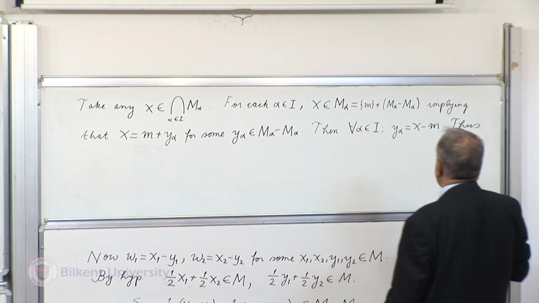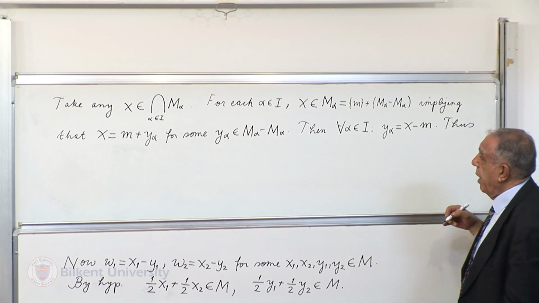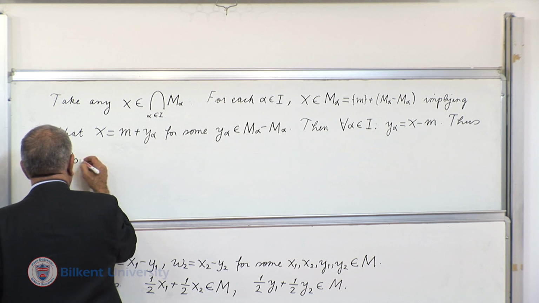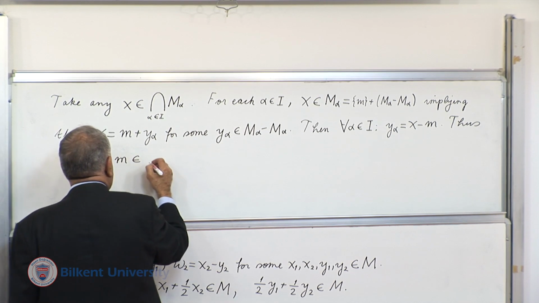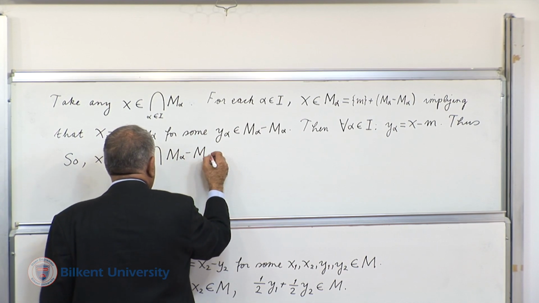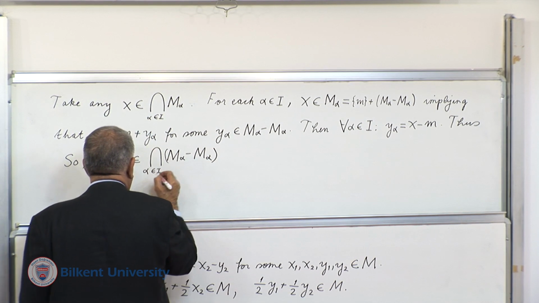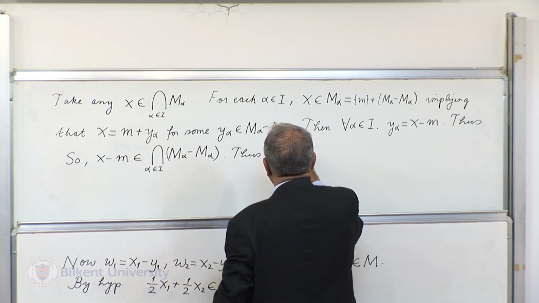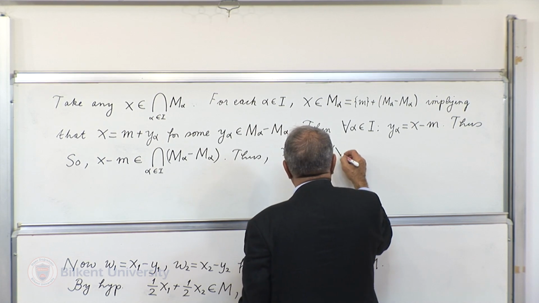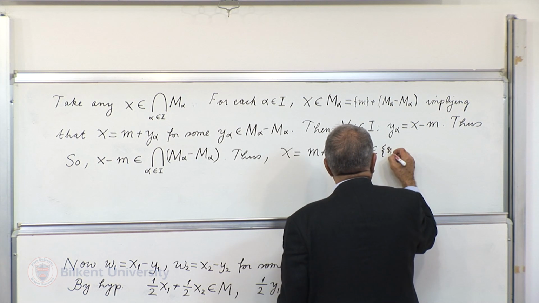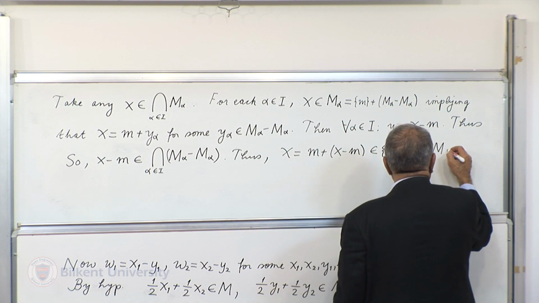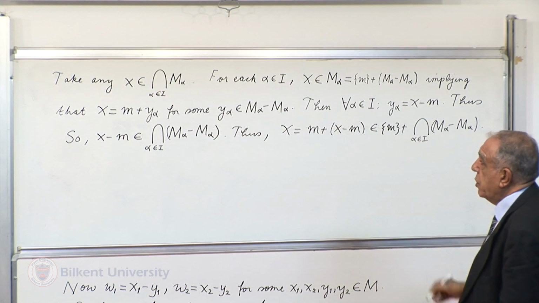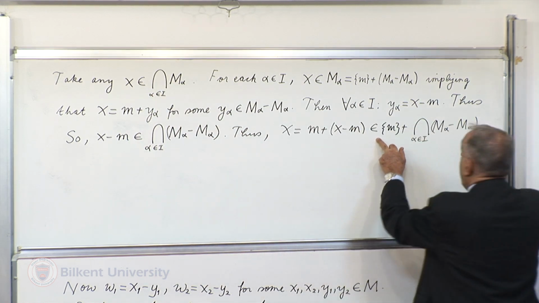Thus, x minus m actually belongs to the intersection of all these, that is, the intersection of m alpha minus m alphas, alpha in I. Now x was an arbitrary member from here. x is now m plus x minus m, but that's in the set singleton m plus the intersection of m alpha minus m alphas, alpha in I. So this shows that this set is a subset of this.